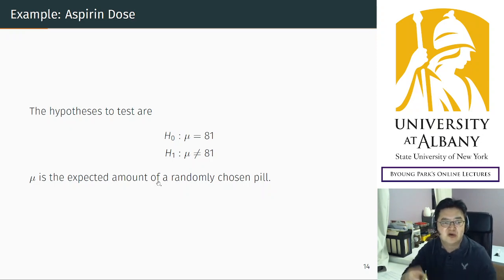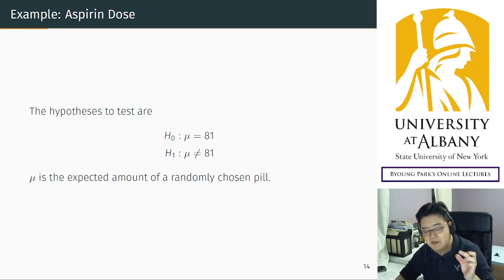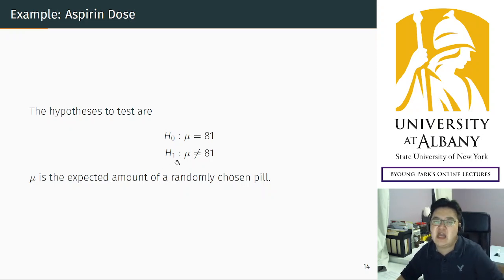If you choose one and measure how much aspirin is contained in a pill, it should be 81 milligram, but there can be measurement errors and some manufacturing errors, so we assume that it is random. The amount is random, but its expected value should be 81 milligram.